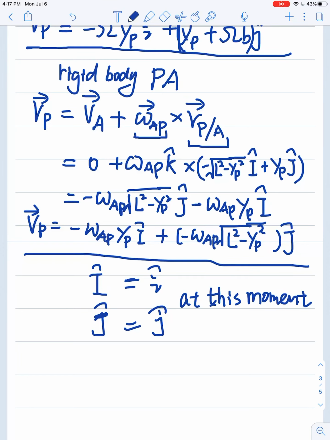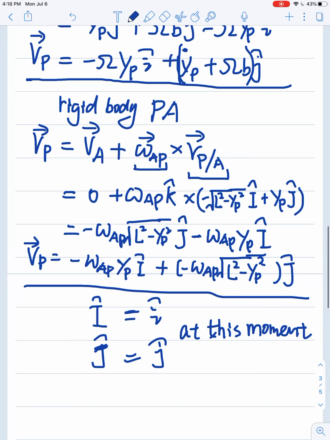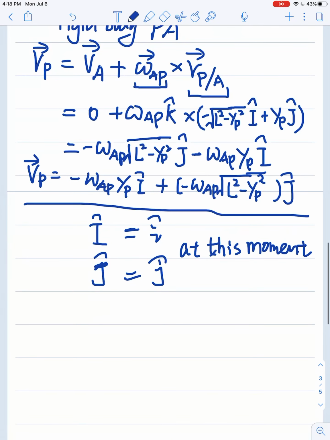Once you have this assumption, the two coordinate systems are interchangeable, and at this point we can equate the I component and J component. Here I used big I and big J. You can use small i and small j as well.